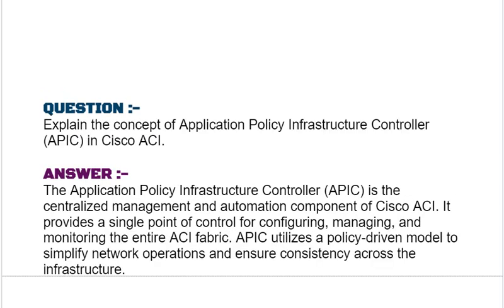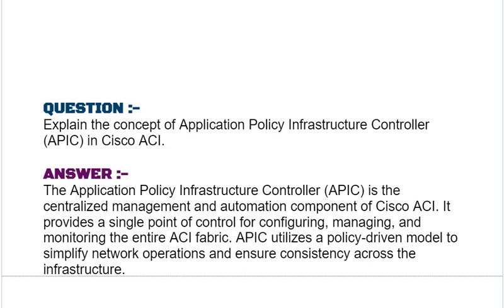Our next interview question is: explain the concept of application policy infrastructure controller APIC in Cisco ACI. Your answer should be the Application Policy Infrastructure Controller APIC is the centralized management and automation component of Cisco ACI.